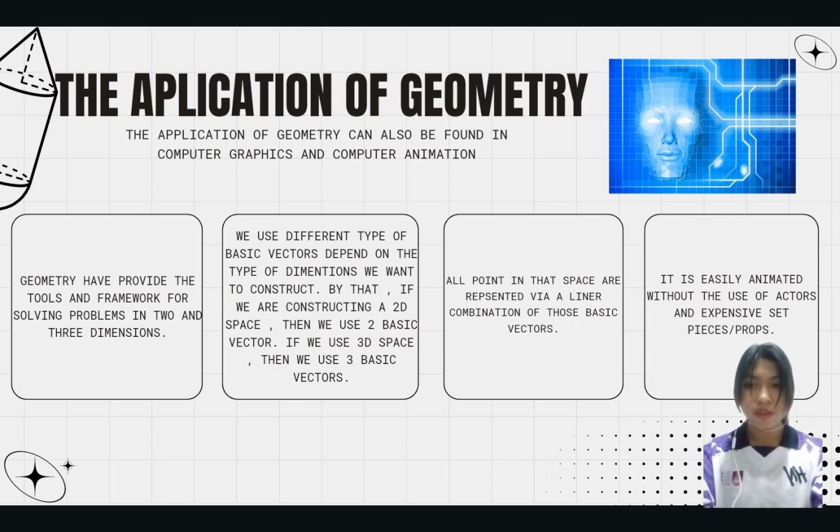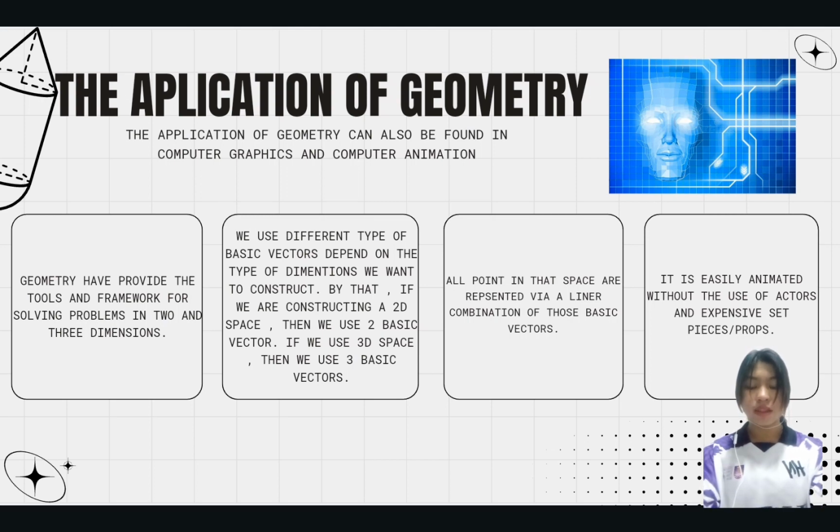Geometry provides the tools and framework for solving problems in 2 and 3 dimensions. We use different types of basic vectors depending on the type of dimension we want to construct. For example, if we want to construct a 2-dimension space, then we need to use 2 basic vectors.